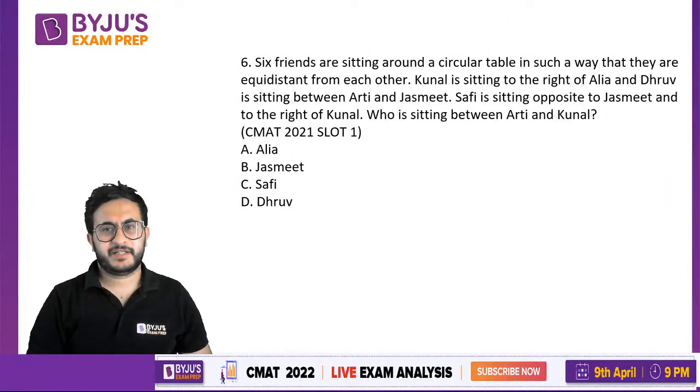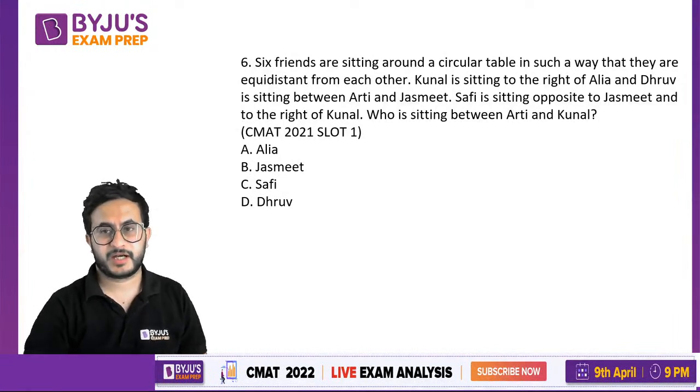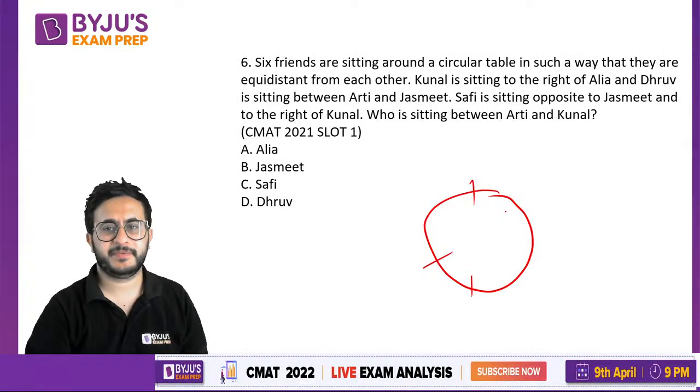Six friends are sitting around a circular table in such a way that they are equidistant from each other. Okay, and these are the statements given. You have to find who is sitting between Aarti and Kunal. So if they ask arrangement based questions, they will ask individual questions.